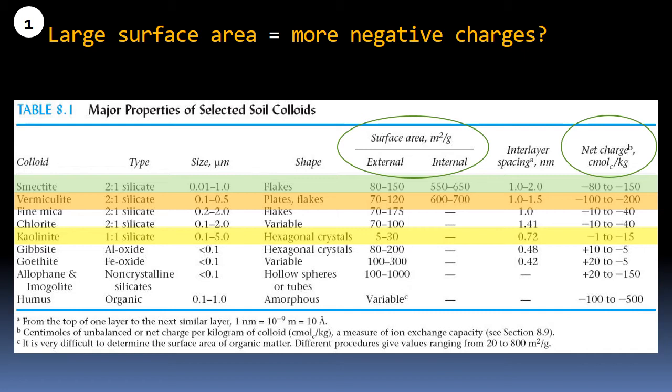So it's not always true, but in general, larger surface area means larger charge. If we also compare it with humus, which is an organic type of colloid, you will find that its surface area is variable, but it also has huge negative charges.